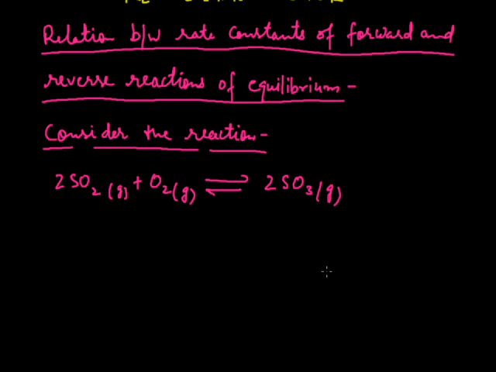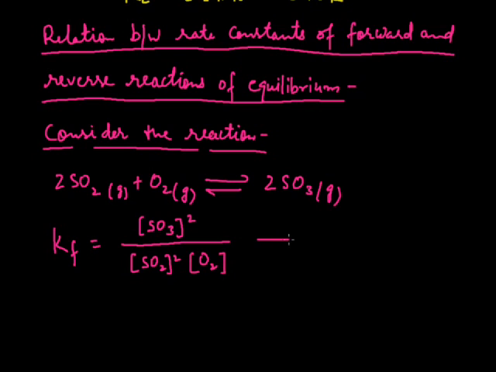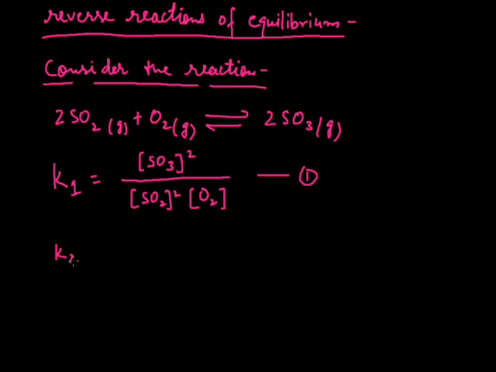The equilibrium constant for the forward reaction is given by equation 1. Similarly, the equilibrium constant for the reverse reaction is given by equilibrium constant K2 for the backward reaction.